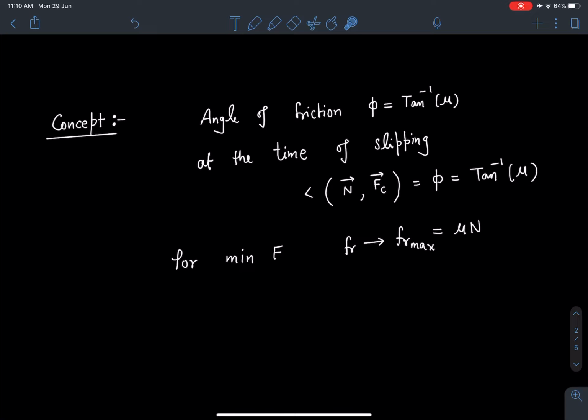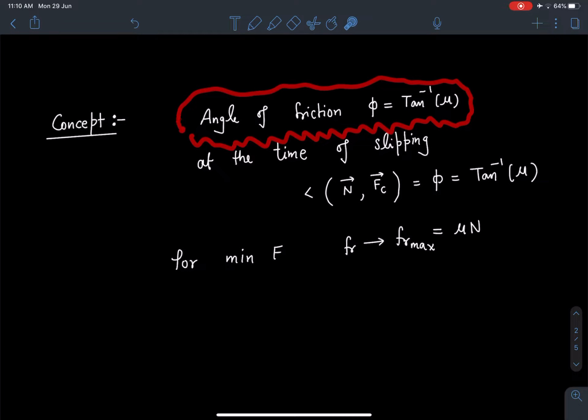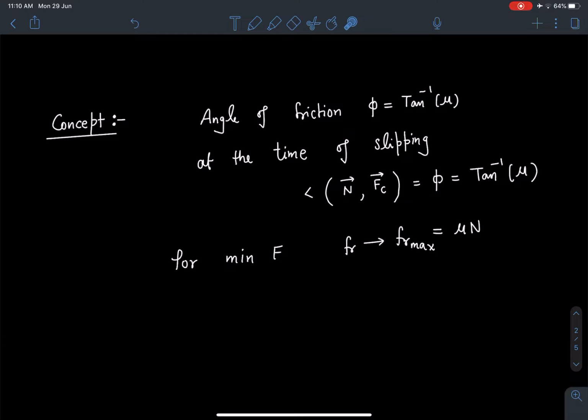Now, at the time of slipping, when we are applying force, the normal reaction and the friction will choose values in such a way that the resultant contact force will always make an angle phi with the normal, which is also called the angle of friction. As you can see here, I have written the angle between normal force and total contact force.